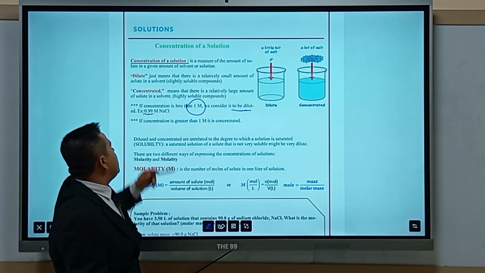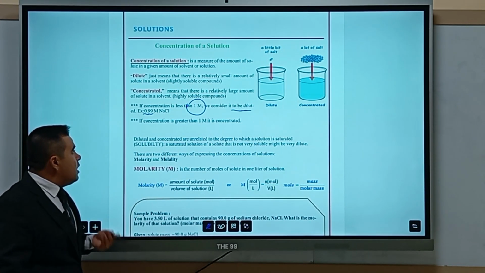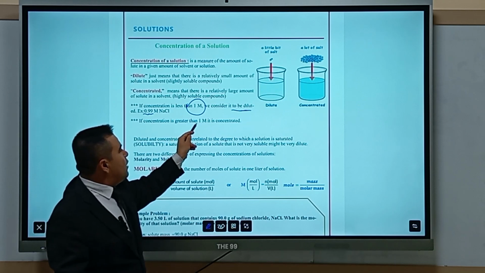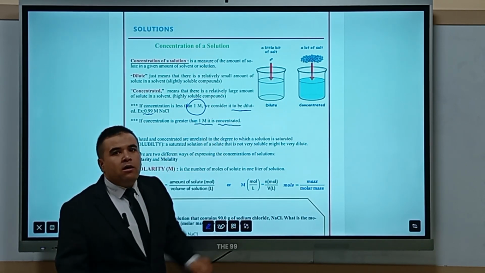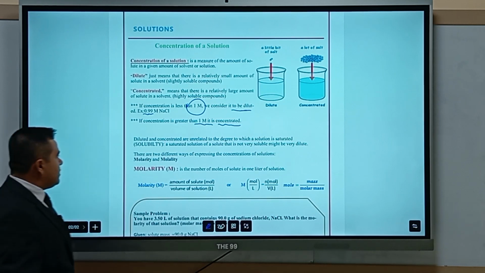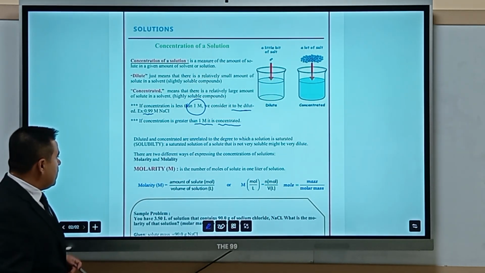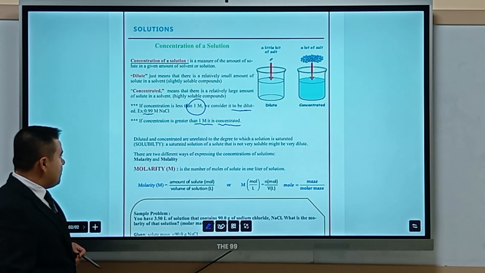For example, 0.99 molarity of NaCl is dilute. If the concentration is greater than 1 molarity, it becomes a concentrated solution. We will be talking about that in chapter 1, section 1, at the end of the section.